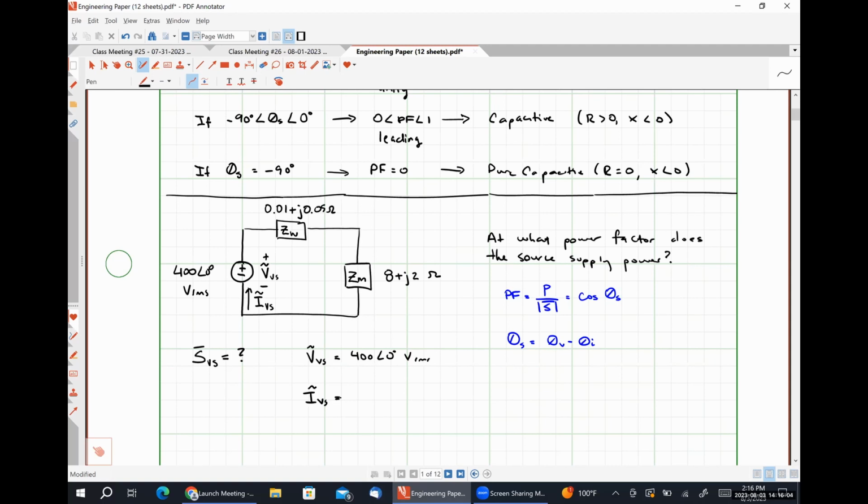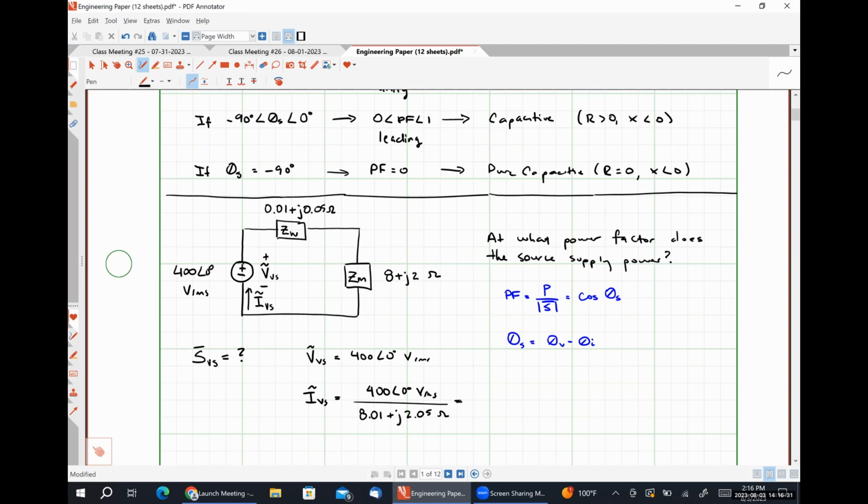Absolutely. Okay. So 400 angle 0 degrees volts RMS divided by 8.01 plus J 2.05. Because those impedances are just in series, that's a pretty straightforward equivalent impedance. So I'm okay with that.